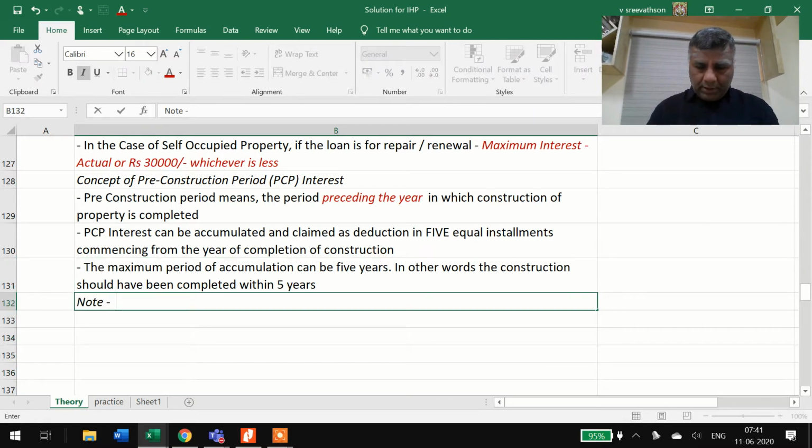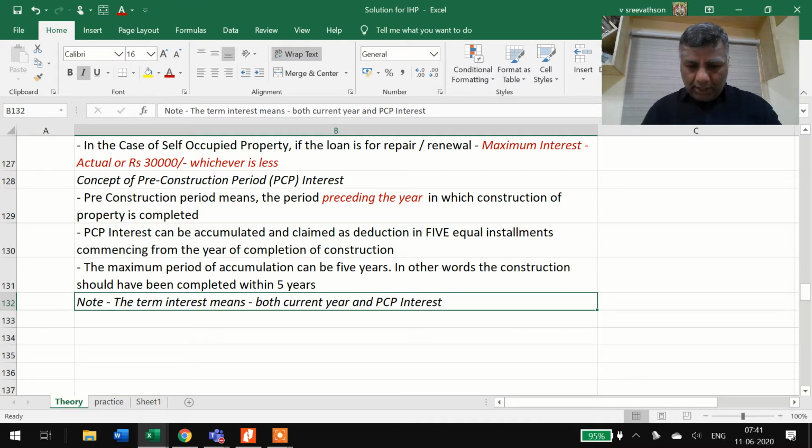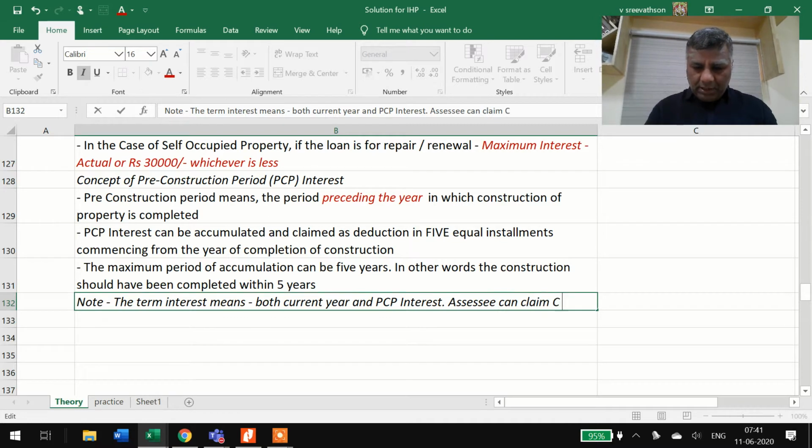Note the term interest means both current year and pre-construction period interest. The assessee can claim current year interest plus 1/5 of PCP interest.